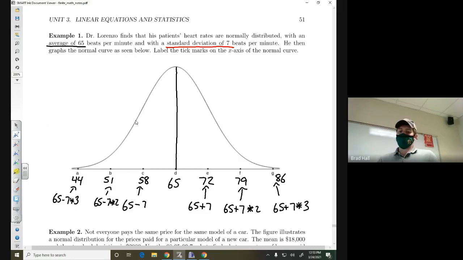So one way we can interpret this is that about 68% of patients in this problem have a heart rate between 58 and 72. Because 58 and 72 are 1 standard deviation from the mean in either direction, and 1 standard deviation corresponds to 68% of the data. So that's sort of the interpretation of this, as we'll talk about throughout the section.